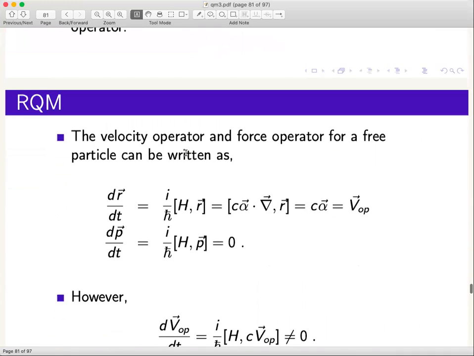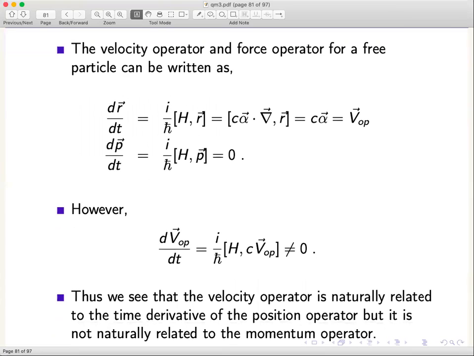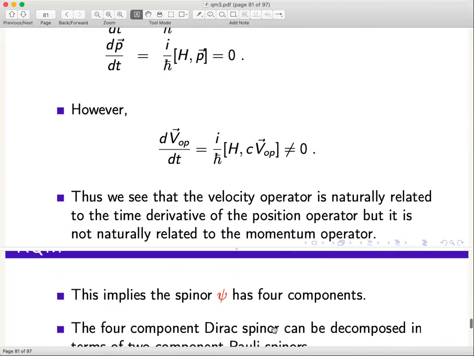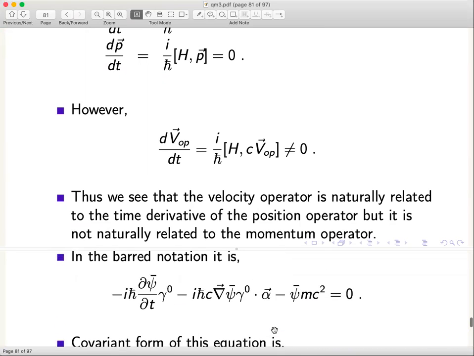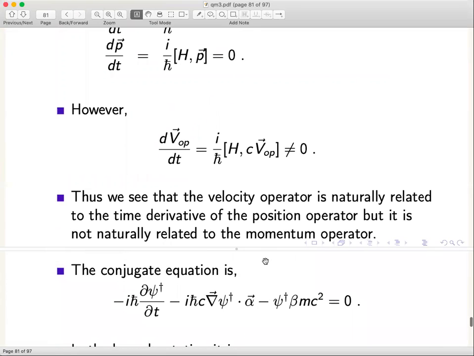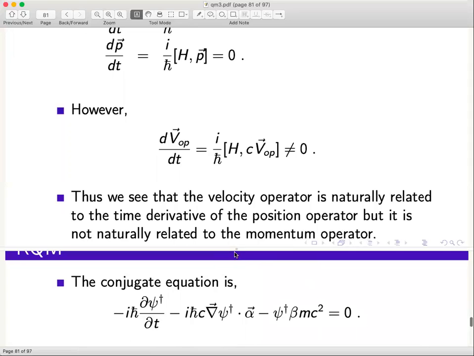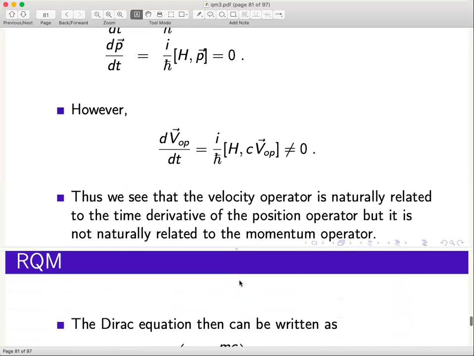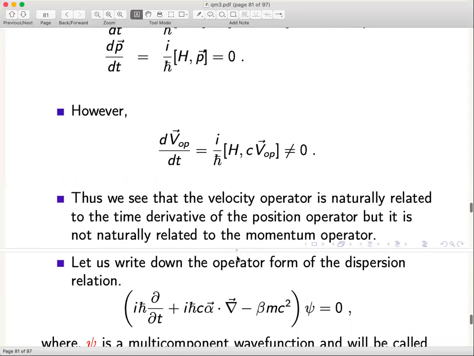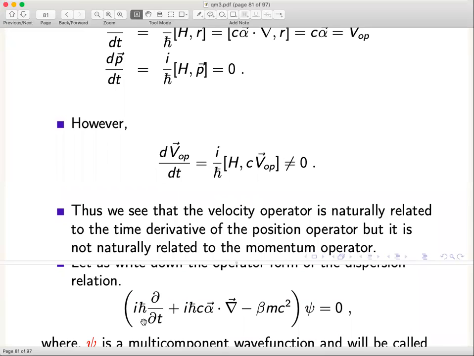Maybe I'll split the screen, which will be easier. If you look at this equation, i h bar del by del t is like a Hamiltonian, so that is written in terms of these quantities.